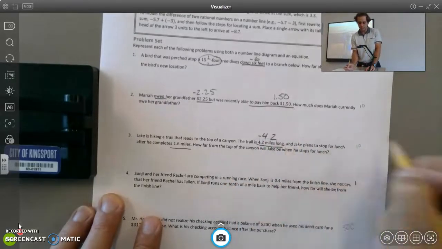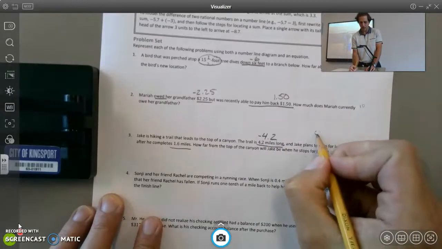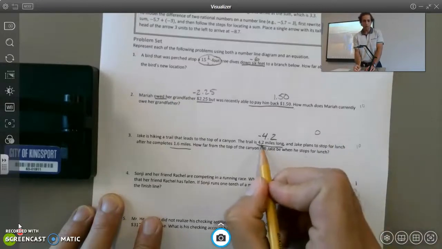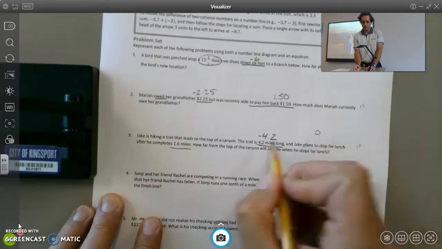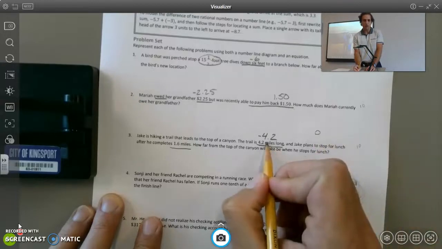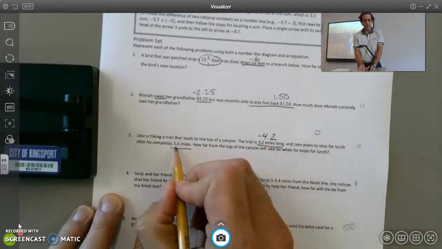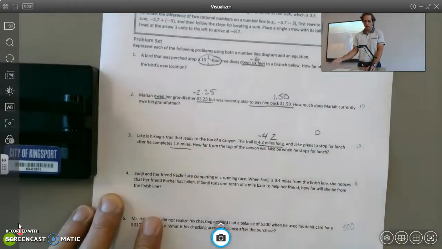If the top of the canyon is 0, that's the top of the canyon. The trail is 4.2 miles long, so that means he is at negative 4.2 miles currently. That's where he's starting from. He's going to travel 1.6 miles in a positive direction. Where will he be when he stops for lunch?